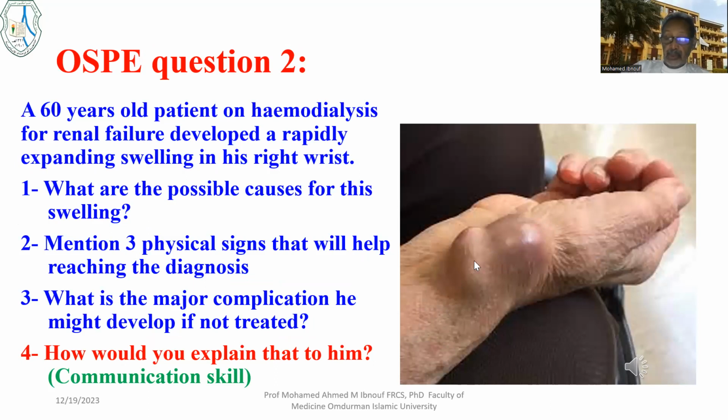You can mention 2 to 3 possible causes, and mention 3 physical signs that will help in reaching the appropriate diagnosis. And what is the major complication he might develop if not treated? And also a communication skill question: how would you explain to him that he needs some surgical correction at this site?